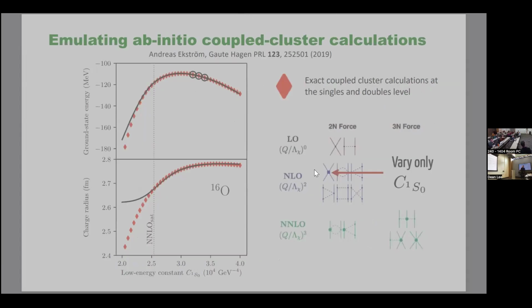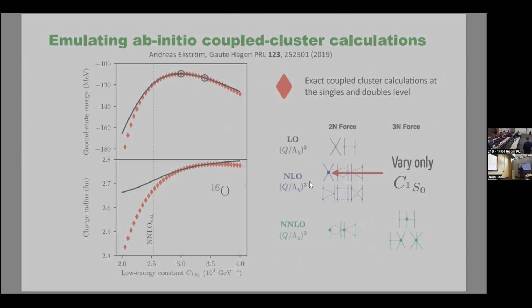So just to show you how it works for coupled cluster now for the ground state energy and radius of oxygen-16. The red diamonds correspond to exact coupled cluster calculations at the singles and doubles level, where we vary one parameter at next to leading order, the singlet S contact, in this range.